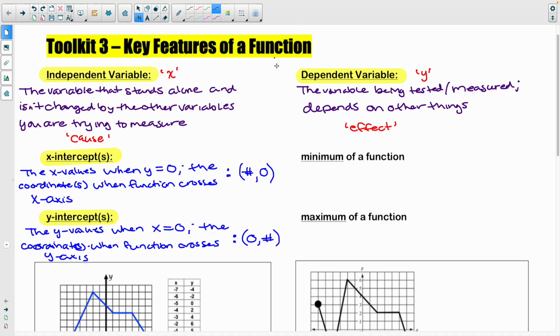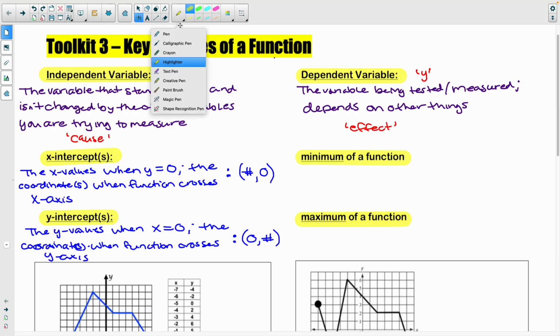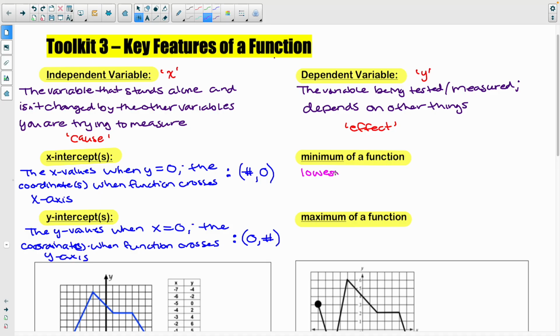The next piece of our key features is going to be our minimum of a function. We're going to talk about the minimum and the maximum of a function. The minimum of a function is the lowest coordinate on a graph.